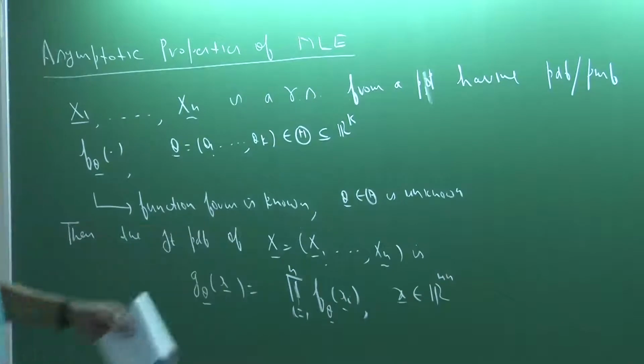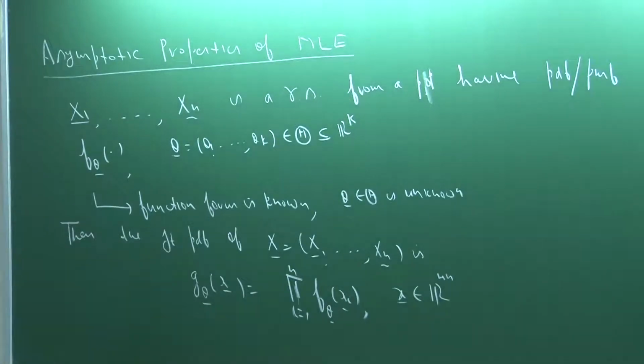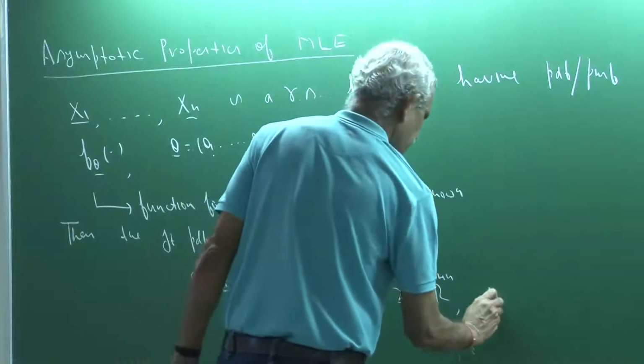So each xi I assume is an m-dimensional random vector, and suppose theta belongs to Theta.